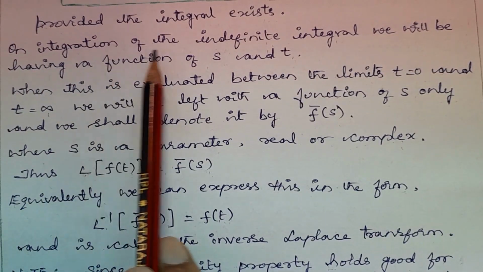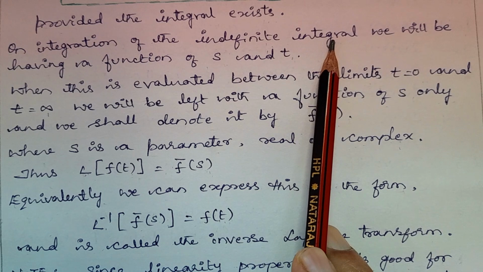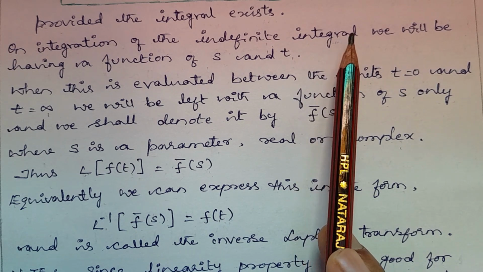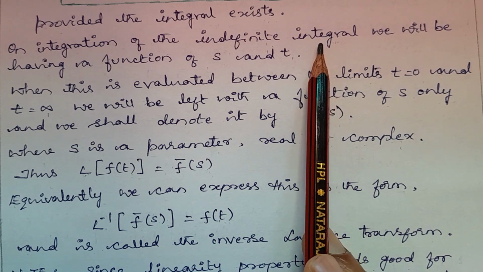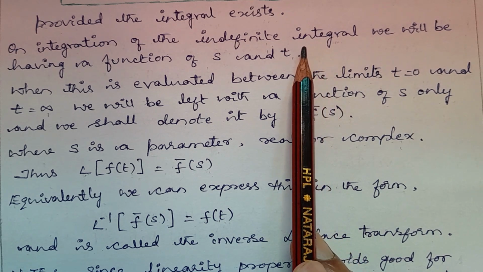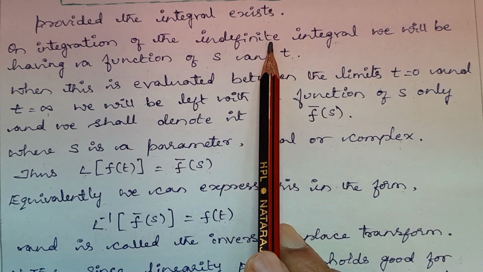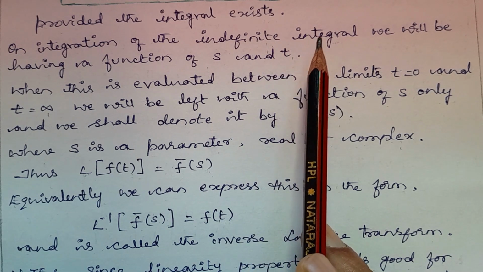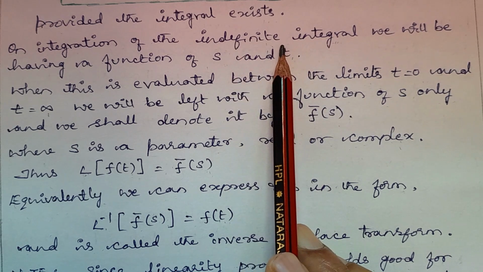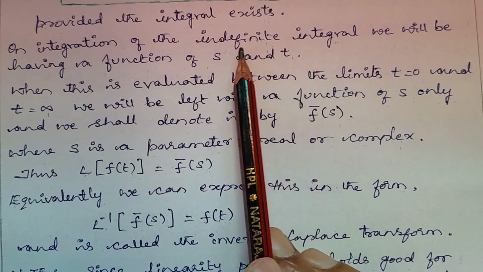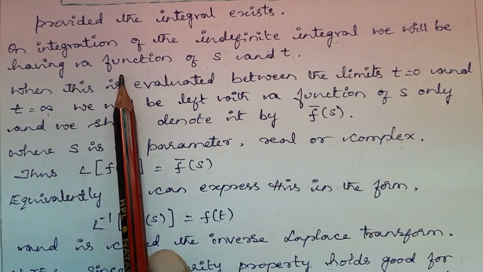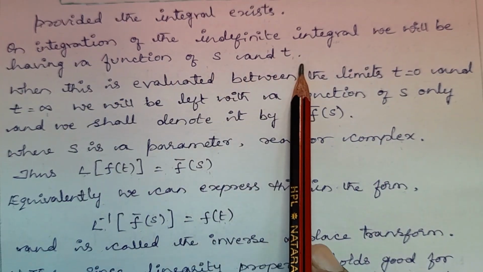On integration of the indefinite integral. In integrals, there are two types. One is definite integral and another one is indefinite integral. Indefinite integral means limits are not given in the integral. So that integral we call an indefinite integral. We will be having a function of s and t.